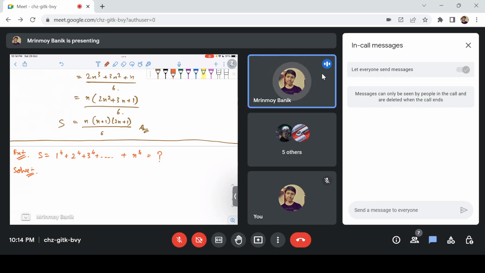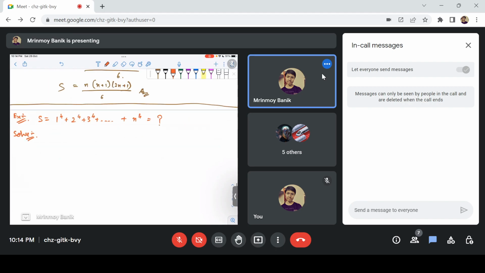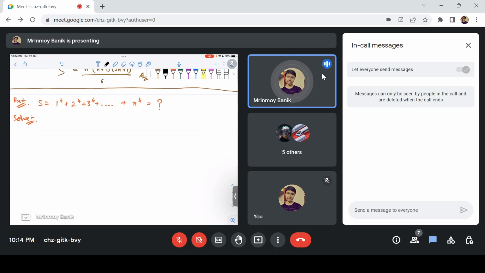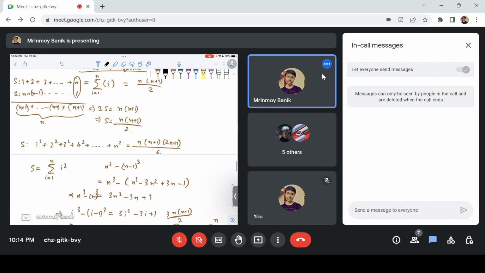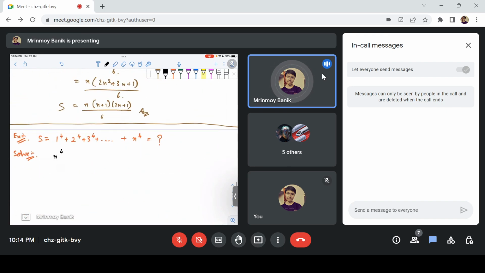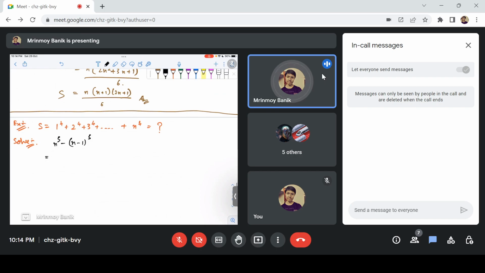So if you're already done with it, let me do it again. So you just proceed in the same way. You observe that n cube minus... Oh, so we haven't derived the cube yet. No, don't worry. So we have to do with n power 5 minus n minus 1 power 5. Pretty large.